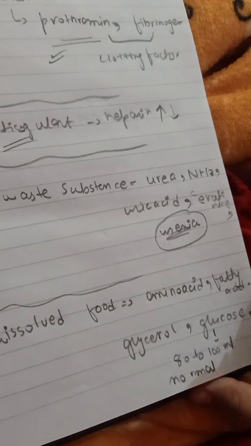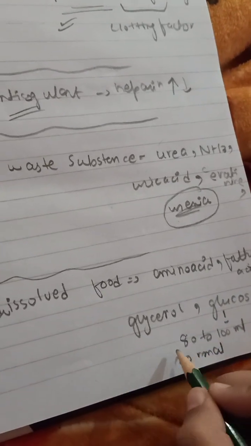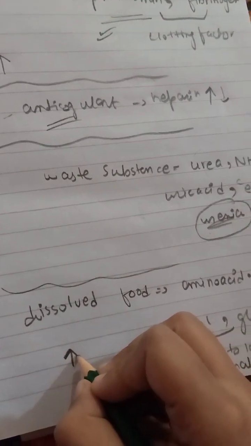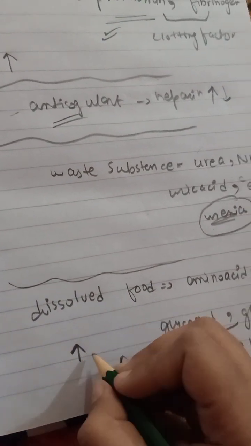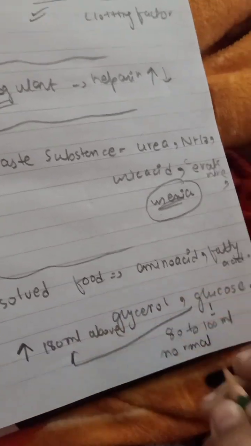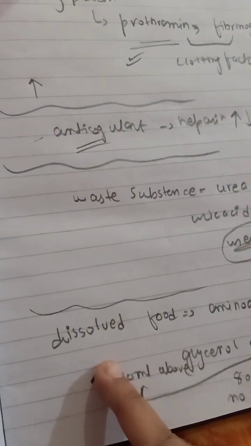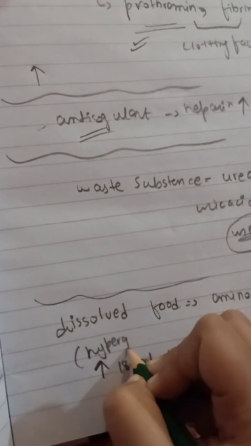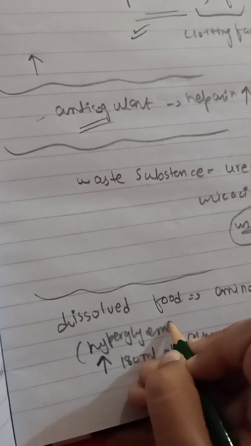Okay, when the glucose level gets increased, which means above 180 ml, while 80 to 100 is normal, that can cause hyperglycemia. Okay, this is a disease.